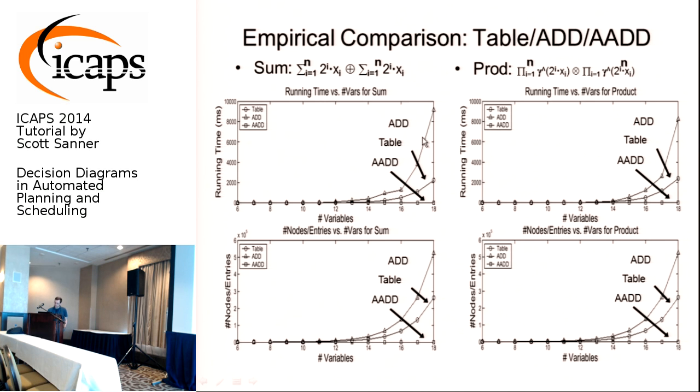And at the top, I have the table. And then the next line down is the ADD, and the next line down is the Affine ADD. Now, I did choose functions here that were the optimal exponential reduction for Affine ADDs. So this is to show off the performance of Affine ADDs. But basically, you see that you're never losing by using the ADD. And the Affine ADD is always even better.